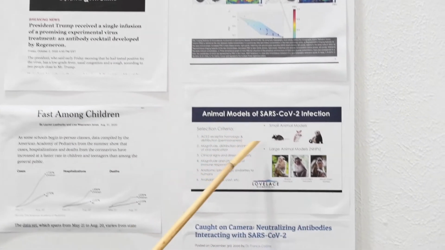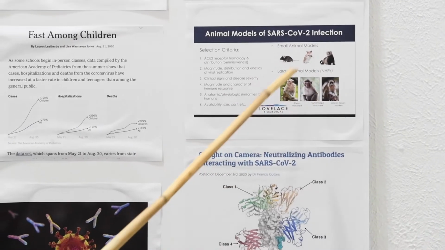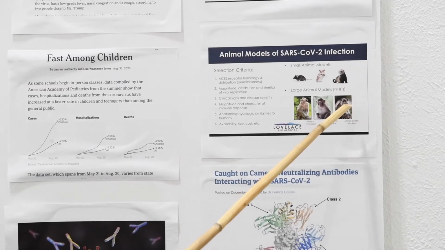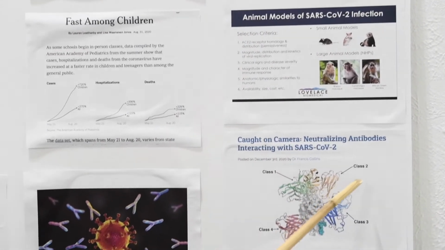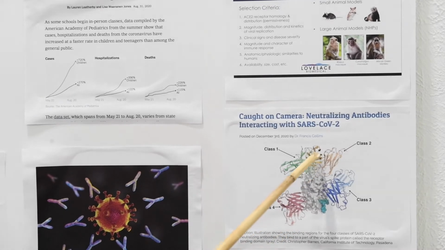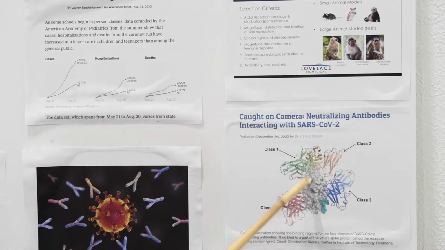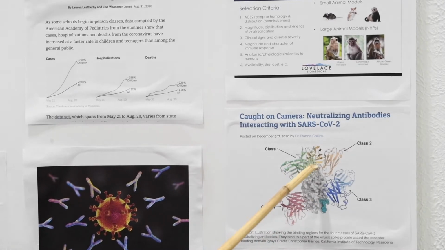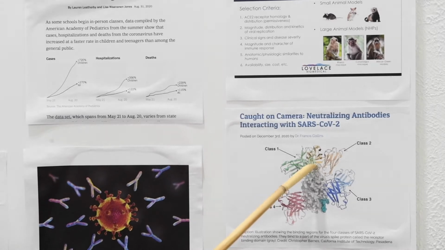We do have animal models to study that infection in the mouse, in hamsters, in monkeys. And here I'm just showing you very quickly the issue of the antibodies. This is the spike protein blown up, and these are different sites where the antibodies can bind to that spike and cover it up like glue or like a varnish, and so then the spike protein cannot bind to the cell and cannot enter the cell.